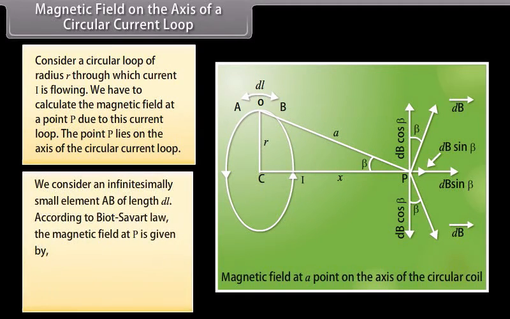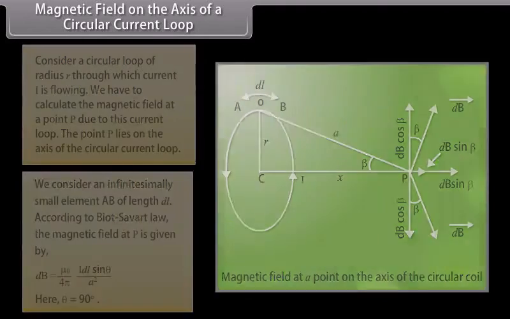We consider an infinitesimally small element AB of length dl. According to Biot-Savart law, the magnetic field at P is given by mu naught upon 4 pi multiplied by I dl sine theta divided by a square. Here, theta is equal to 90 degrees and sine theta is equal to 1.